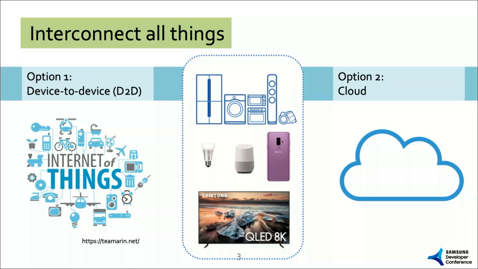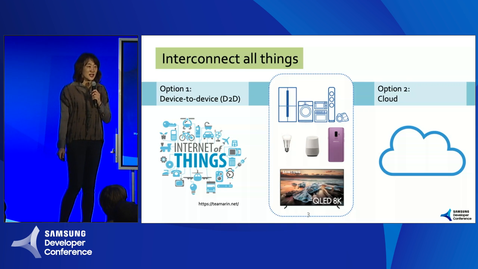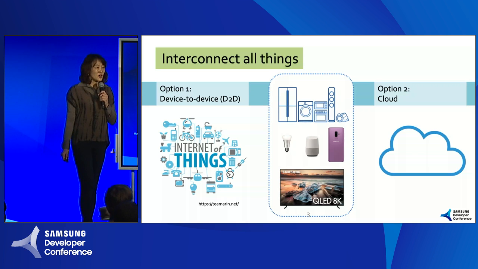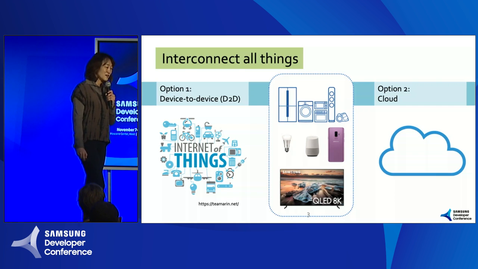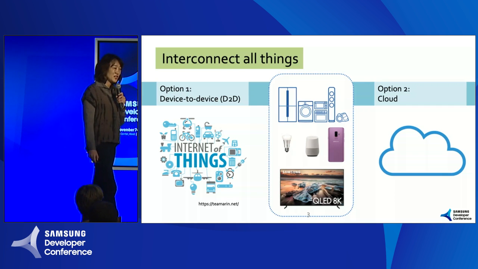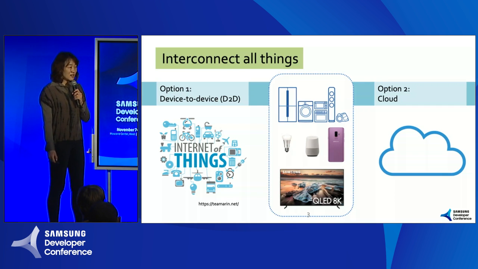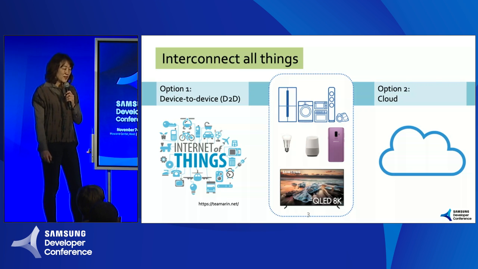So the keyword from the previous slide was to interconnect all things. And in order to interconnect, there could be two different options. The first one is connecting the devices directly, otherwise also called D2D communication, right? And the second option is connecting these devices through cloud.